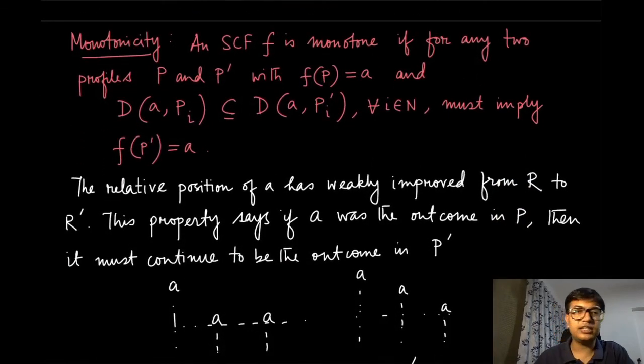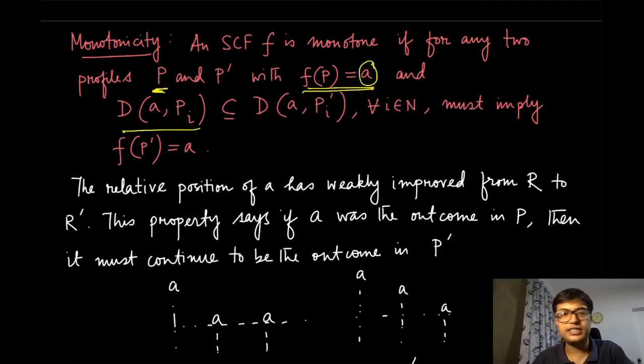The other definition that we are going to use here is that of monotonicity. We are going to call a social choice function monotone if for any two preference profiles, let's say P and P prime, where in the first preference profile the social choice function outcome is equal to A, and the dominated sets are essentially increasing in size.